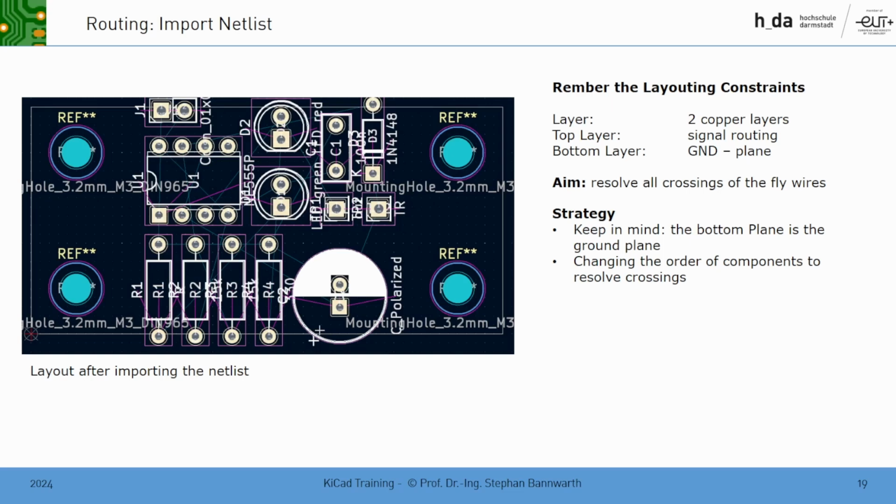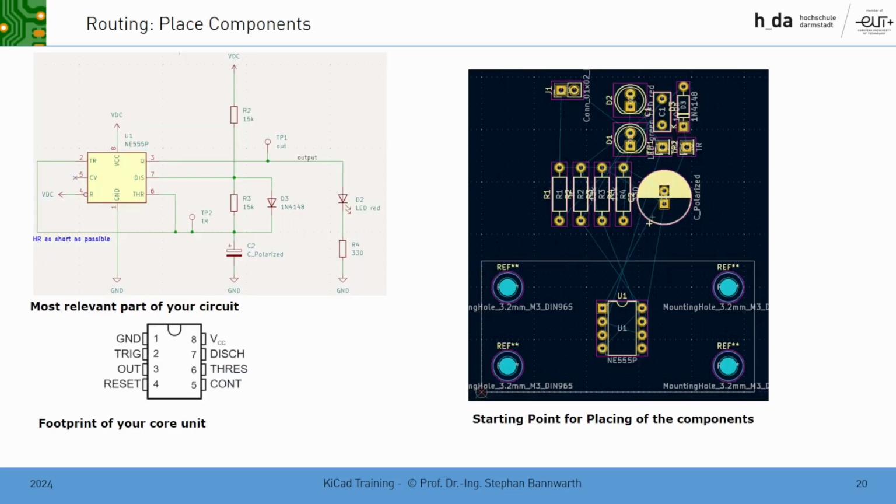So in order to do all this, we do the following. First of all, we look at our schematic. And we see that the symbol in our schematic doesn't have the pinning like our footprint. If you look here, we have pin 8, then 2, 5, 4, 1, 6, 7, 3.